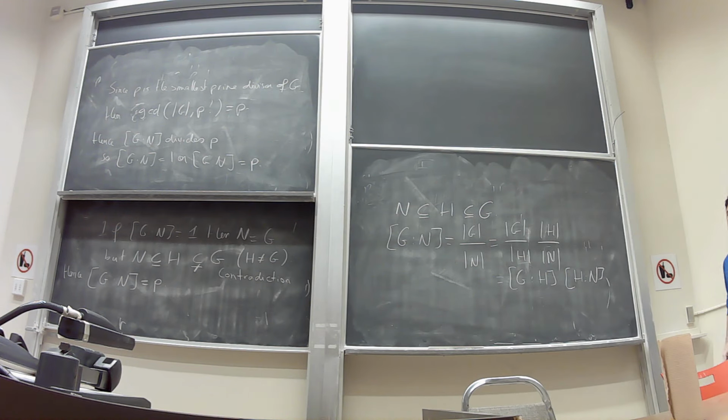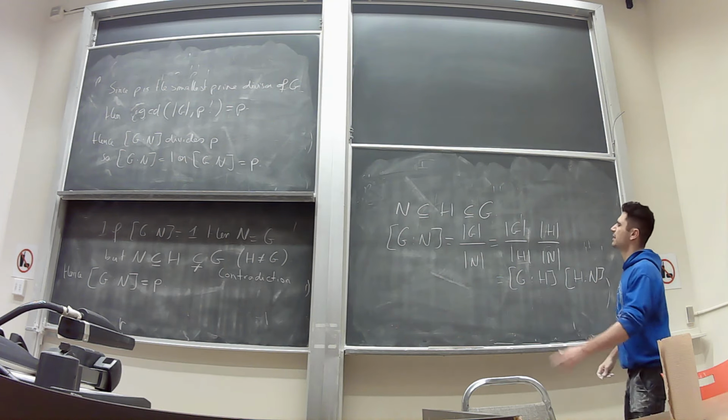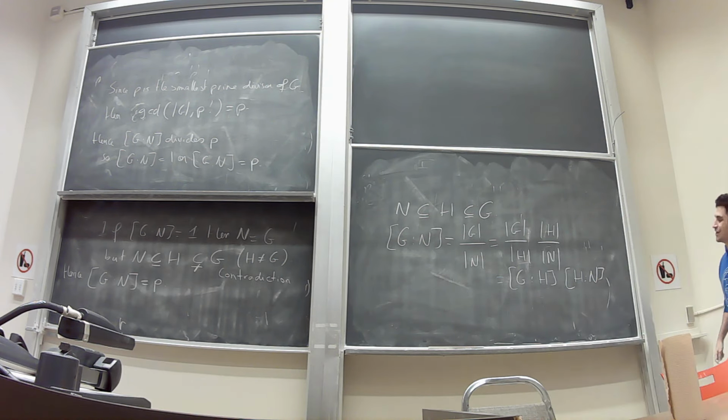So I can write that the index of N in G is equal to the index of H in G times the index of N in H. All of these are subgroups of each other.